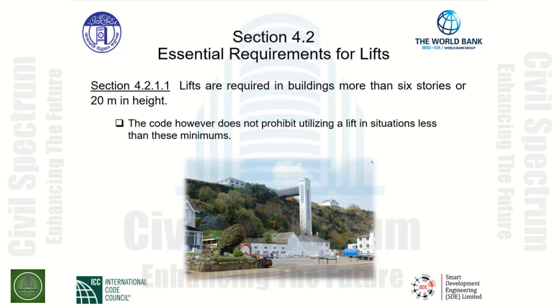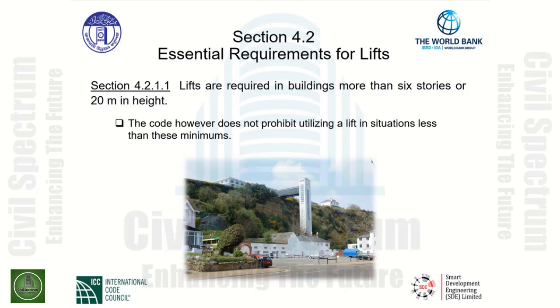Section 4.2, titled Essential Requirements for Lifts, gives us very specific requirements for lifts and the installation and construction requirements of these particular lifts. Section 4.2.1.1 indicates that lifts are required in buildings more than 6 stories or 20 meters in height.